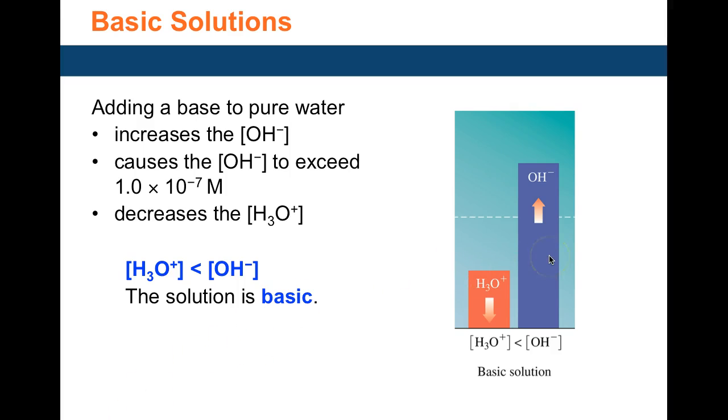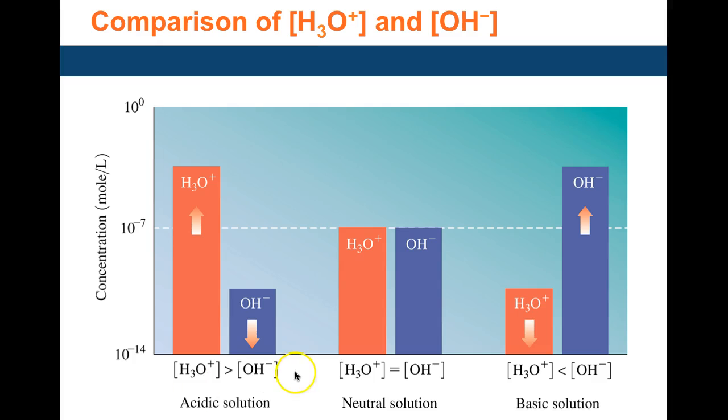That means the OH minus is dominating, so the H3O plus is less. The H3O plus concentration can be any numeric value less than 1 times 10 power negative 7, so 1 times 10 power negative 8 to 1 times 10 power negative 14. So in an acid solution, H3O plus is dominating, in a base OH minus dominates, and in a neutral solution they're both equal.